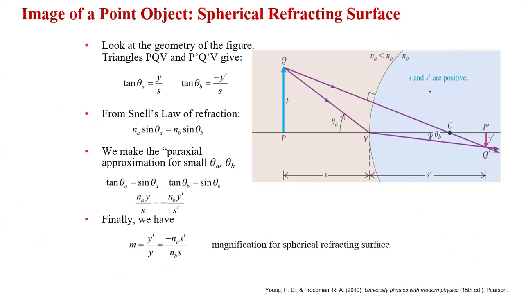Here s and R are positive, so we can say that the tangent of theta A and tangent of theta B are equal. Tangent of theta B is just equal to negative y over s, this is actually s prime.